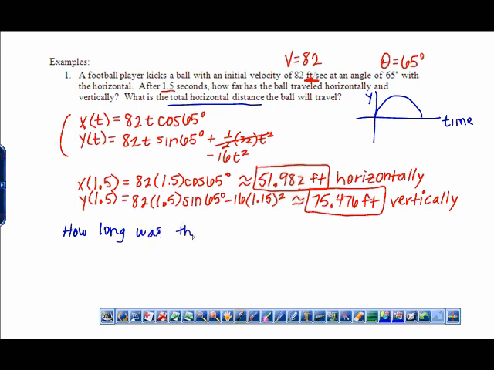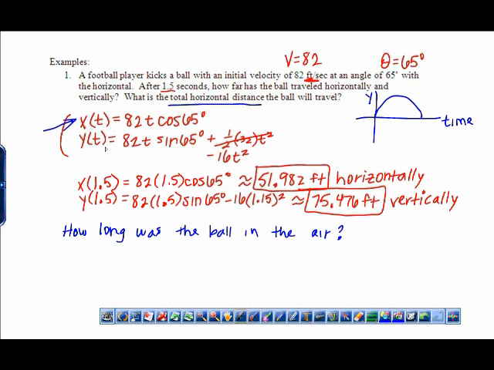Once I can figure that out, I'm going to treat it just like the last one, except instead of 1.5 seconds, I'll know how long the ball was in the air, and I will plug that into my x of t formula.